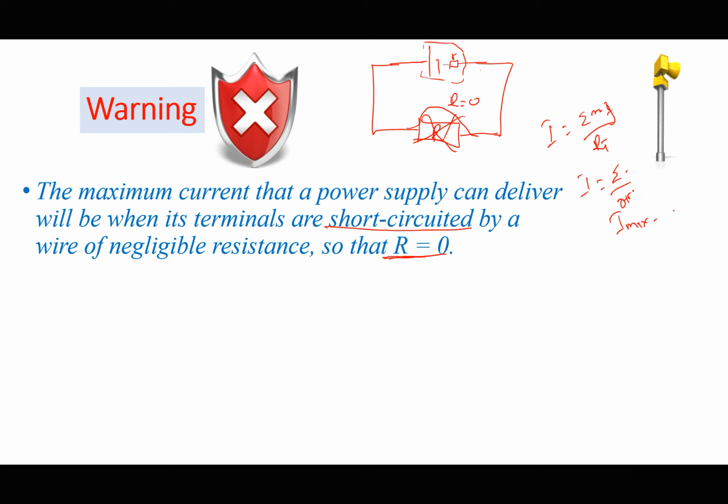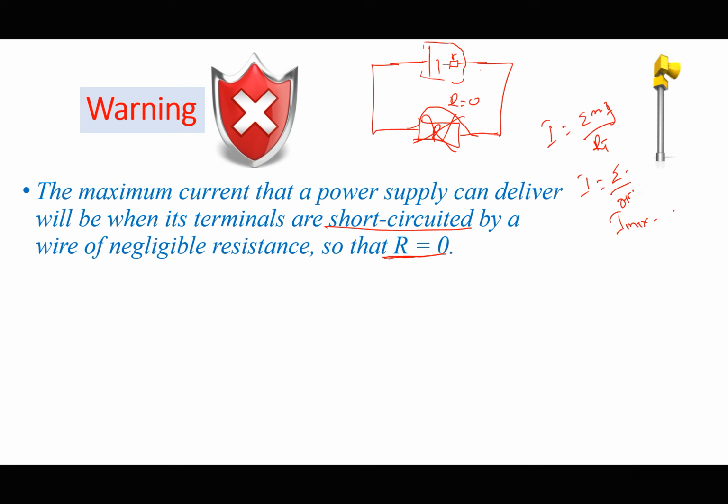Now, this is very dangerous. You may find the battery could just end up exploding. If we short circuit a battery, we just join a wire of negligible resistance from the positive terminal of the battery to the negative terminal. If there is negligible resistance between the positive and negative terminals for the external circuit, it means the external resistance is 0.